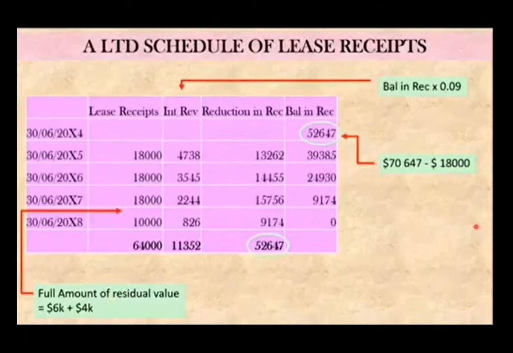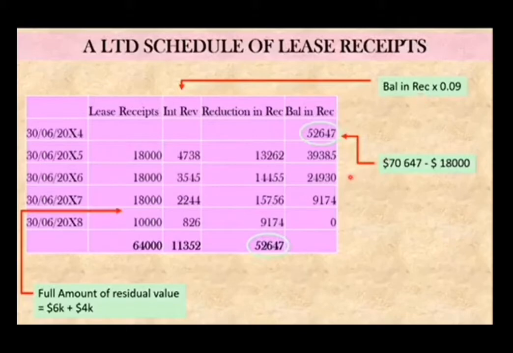So the explanation I've given here, the first one is this balance. How do we get this interest revenue? We multiply this balance in receivables by 9%, because that is what is given in the question, the 9% interest rate.